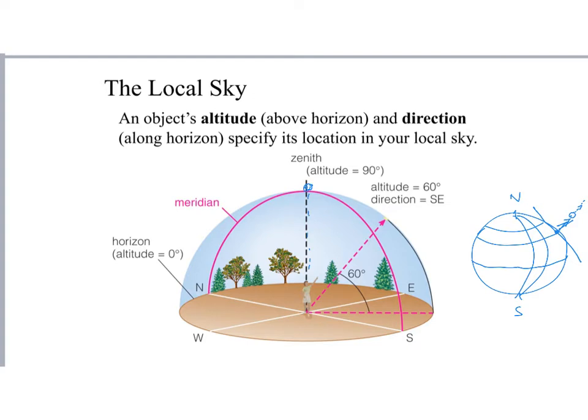The highest point above, or well, the direction that is straight up, that's called zenith, okay? And then once you identify something in your sky, that's your cupola, that's your local sky, right?